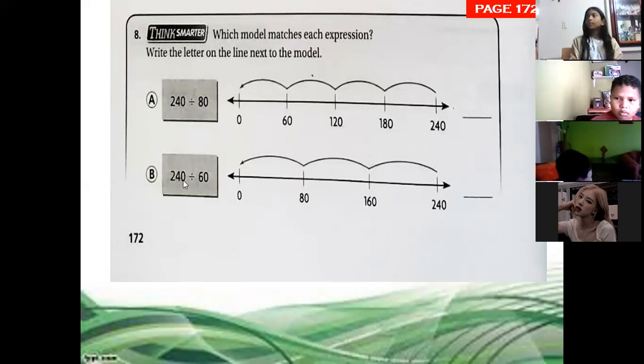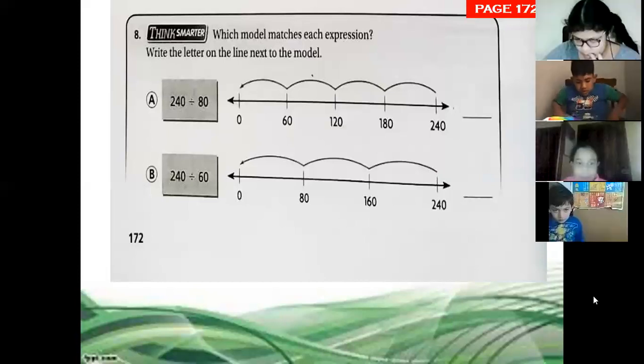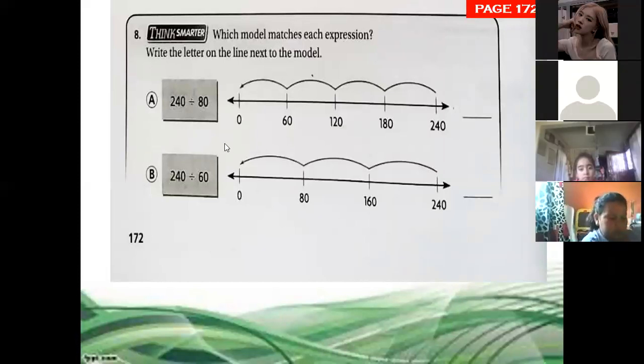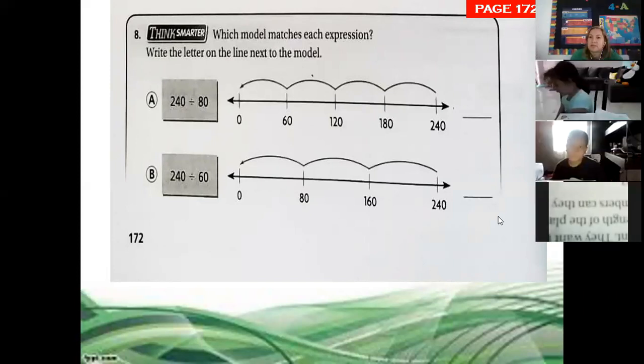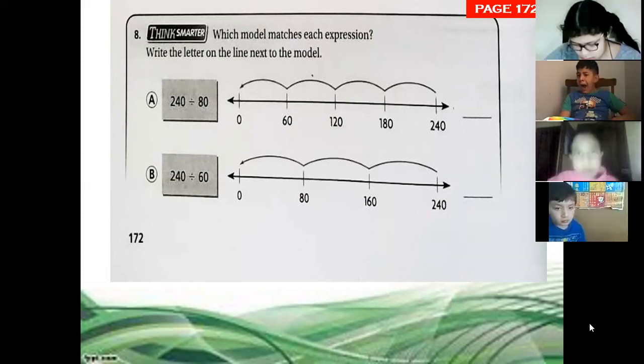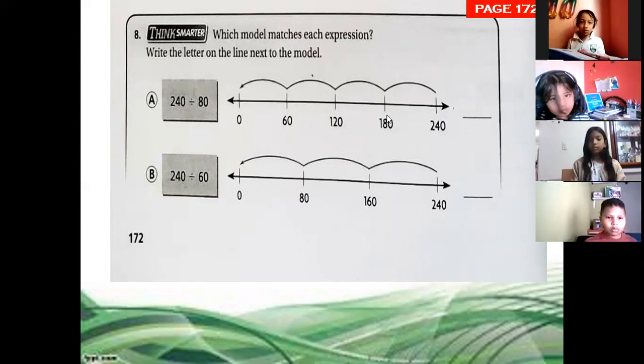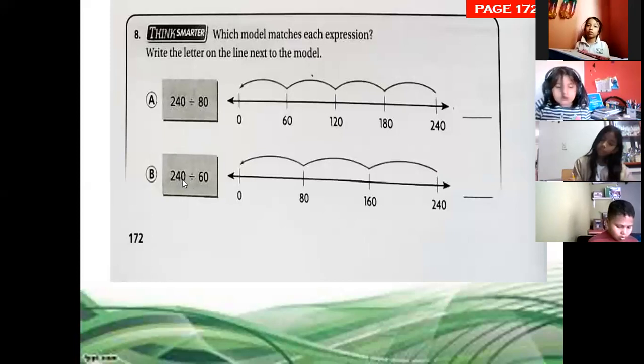Okay. 240 divided by 60. So the question here is, does this number line belong to this division or this division?